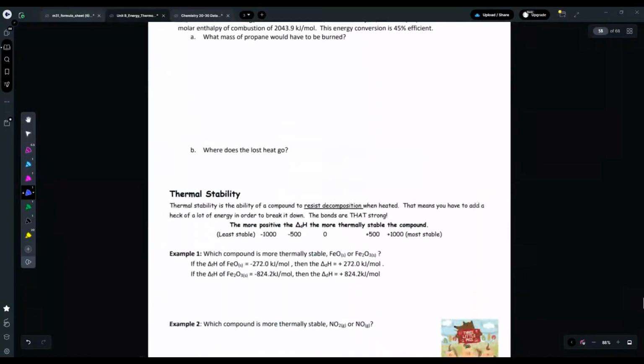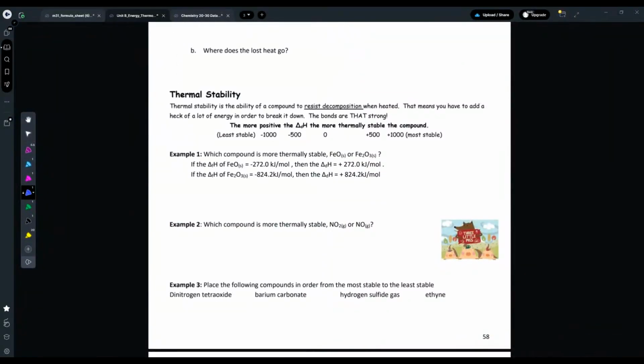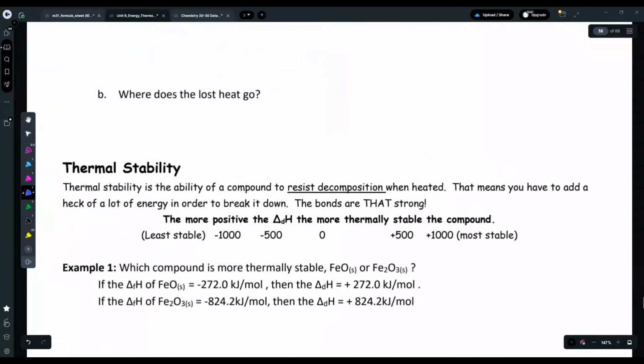All right, now let's move on to thermal stability here. So thermal stability, what is it? It's the ability of a compound to resist decomposition when heated. So what that means is when a compound is able to resist decomposition, that means that you're going to have to add a lot of energy in order to cause it to break down or to decompose.